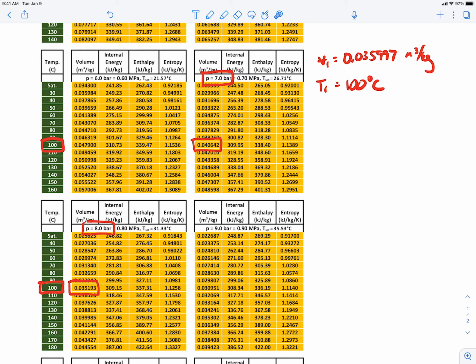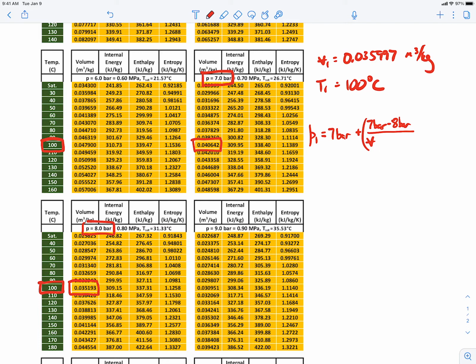Okay, so to find out exactly what pressure it's at, I'm going to have to do a linear interpolation between these two values to find what the right pressure is. So the pressure at 1, if I do the linear interpolation, will look like the following. It'll be starting at 7 bar plus how the pressure changes, so 7 bar minus 8 bar divided by how the specific volume changes.